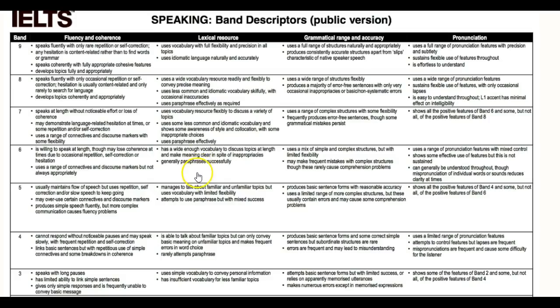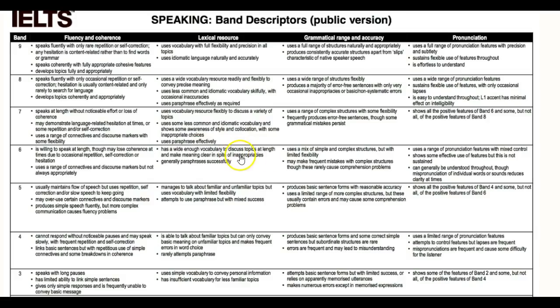Now, compare what happens at the 6. Here, you have a wide enough vocabulary to discuss topics at length. But there's not a lot of precision. Basically, you're getting the job done. You're making your message understandable. You're communicating your message to the examiner, but there's not a lot of precision.